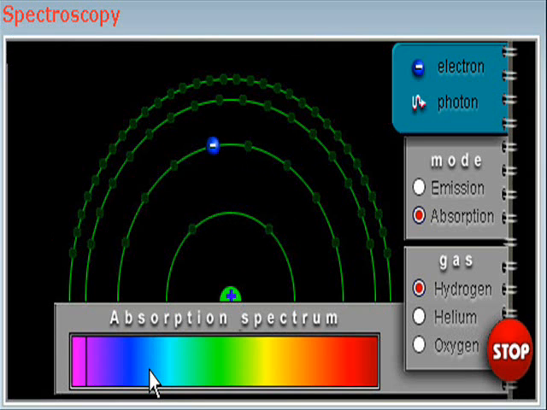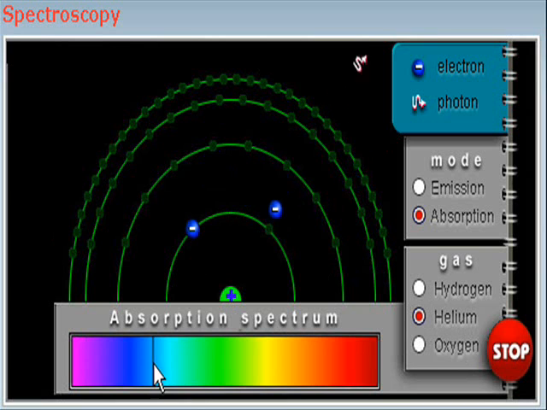This gives us the ability to work out what elements are in stars by comparing the absorption spectra from the star with an emission spectra that we've created in the lab. Notice each element has its own unique absorption spectra.